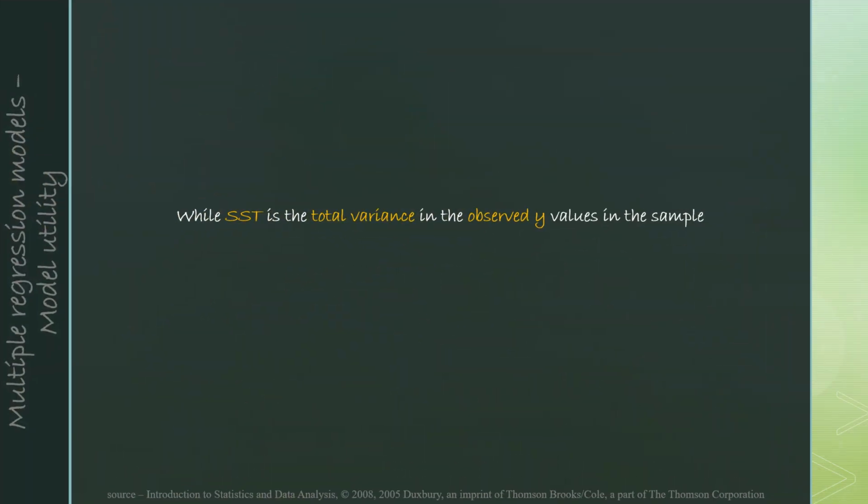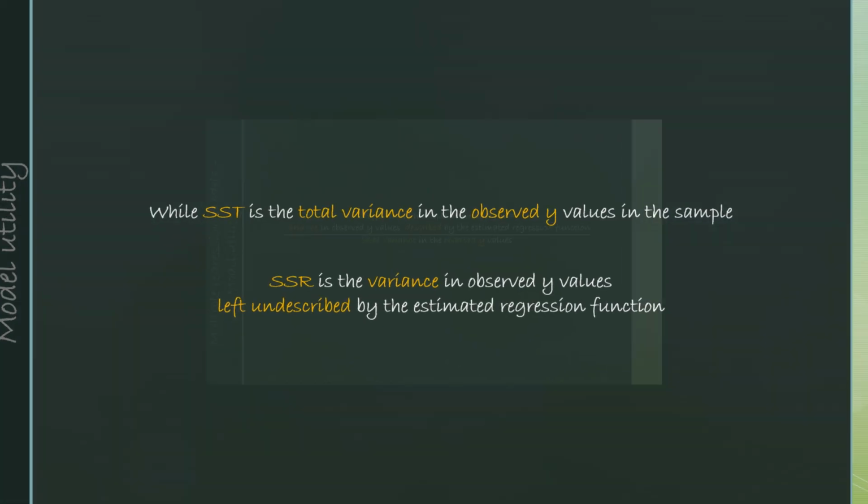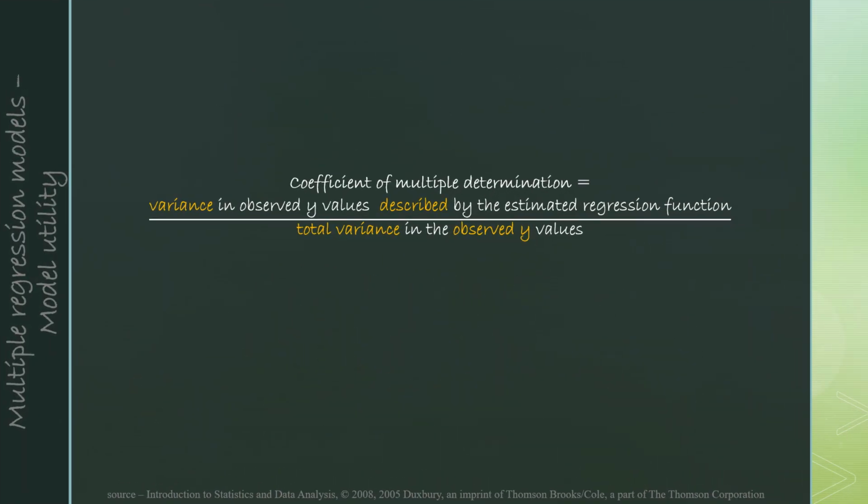While SST is the total variance in the observed y values in the sample, SSR is the variance in the observed y values left undescribed by the estimated regression function. Coefficient of multiple determination equals variance in observed y values described by the estimated regression function divided by total variance in the observed y values.